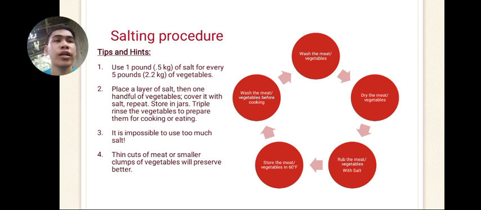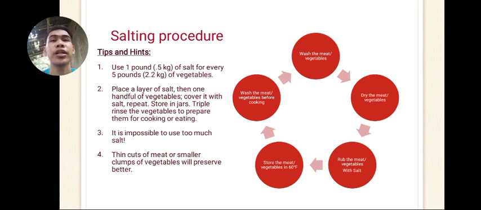The third step is to rub the meat or vegetables with salt. After the meat or the vegetables are dry, rub the salt.